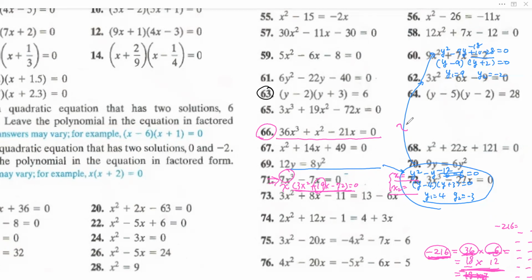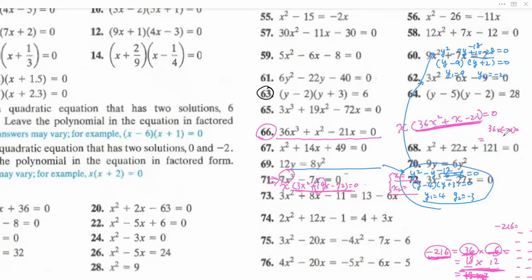So here, take x first out: 36x squared plus x minus 21. Also big numbers, right? So you need to factor this one. It takes a little bit longer to do the work. Big numbers are not easy. 36 times negative 21, what number can you get?